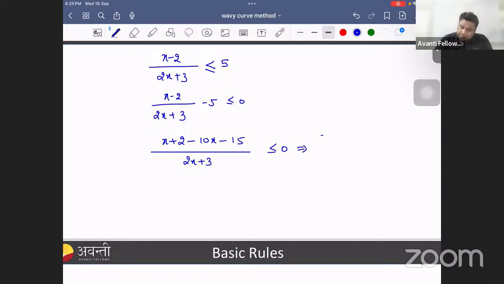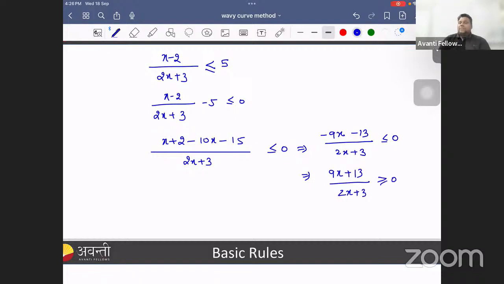So this implies (minus 9x minus 13) upon (2x plus 3) less than or equal to 0. Got it? Now multiply with a negative sign. It becomes (9x plus 13) upon (2x plus 3) greater than or equal to 0, because we multiplied with a negative number.